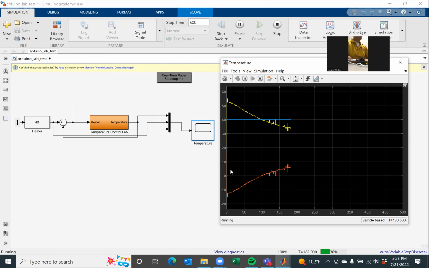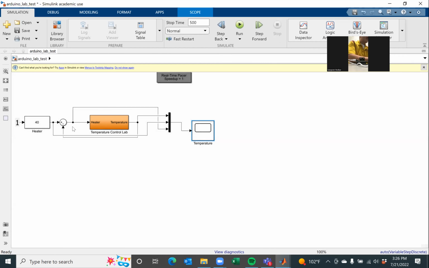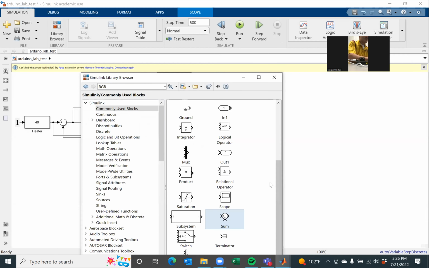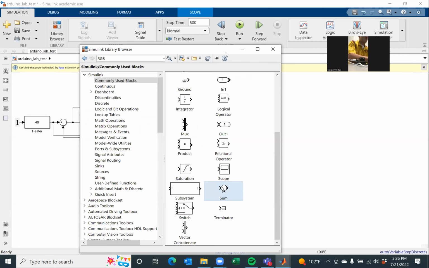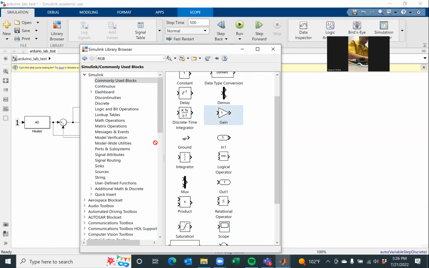So how do we make it better? The easiest way to make it better is, as you can see, that there is no constant of proportionality. So add a gain. So what I will do is basically add a gain.